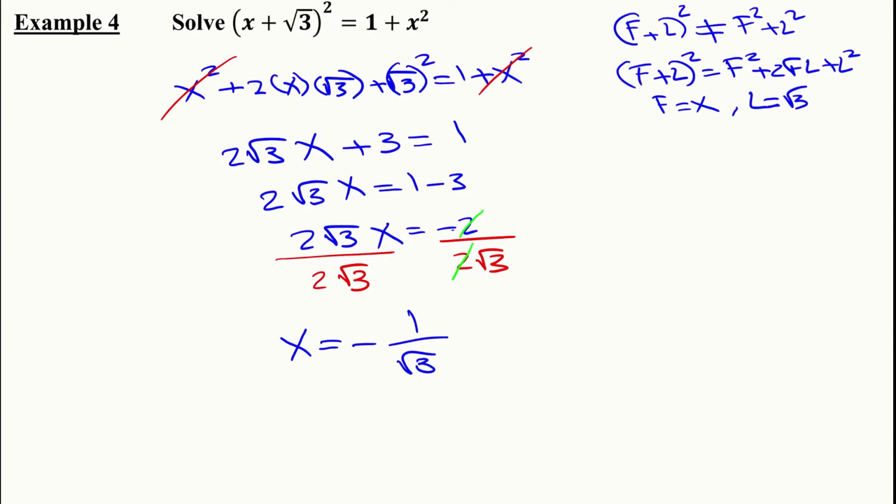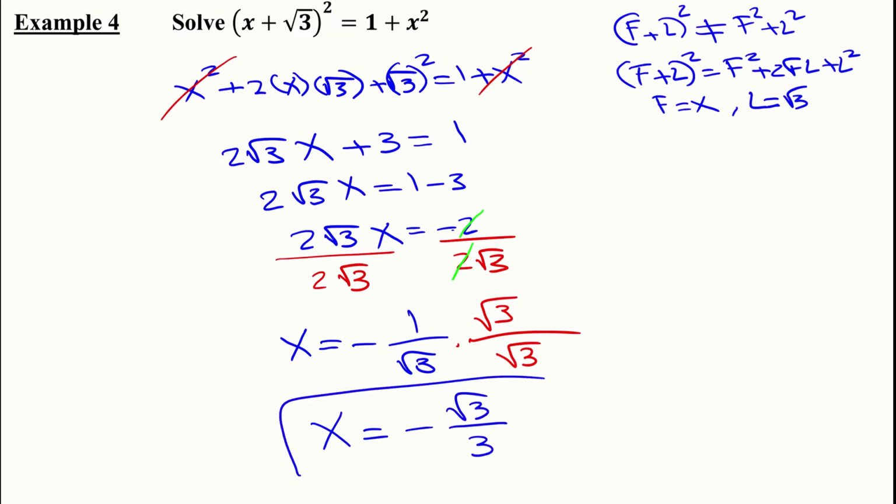Now we can go ahead and rationalize. We always want to rationalize the denominators before we enter the answer. For that, we're going to multiply by square root of 3 on the numerator and the denominator. So finally we end up with x equals negative square root of 3 over 3. And that's how you handle one of those.